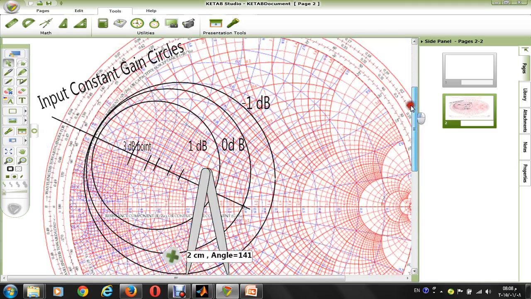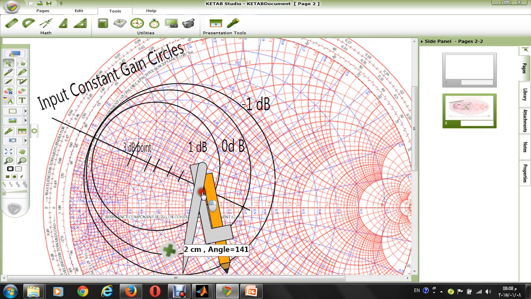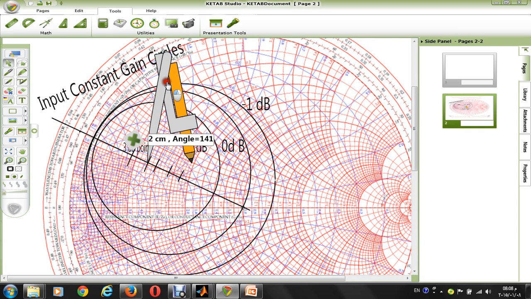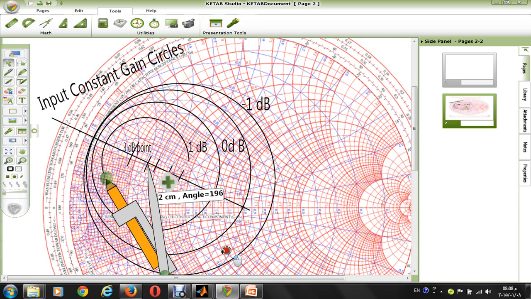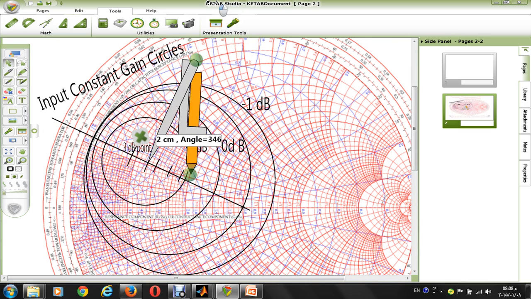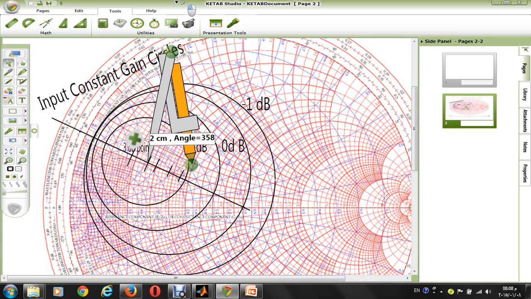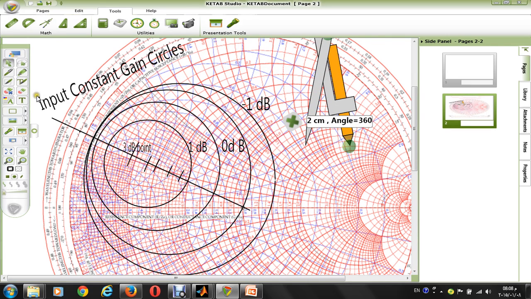I go back. This is the center I want. And I draw the circle. And write 2 dB.